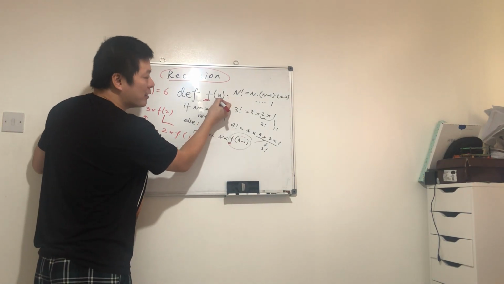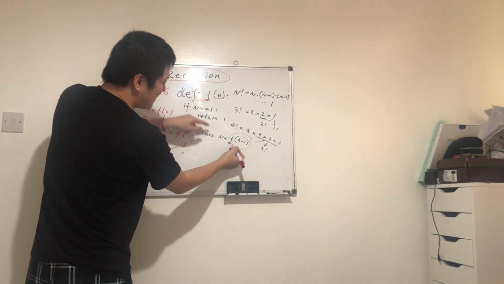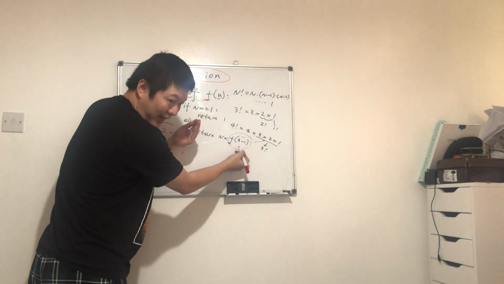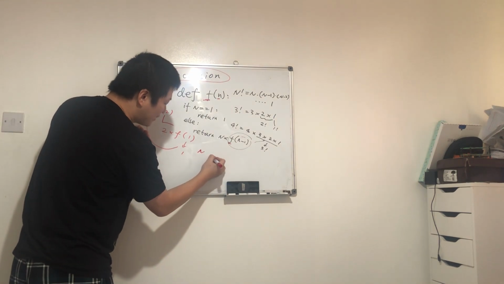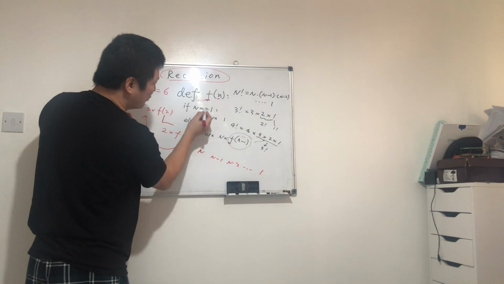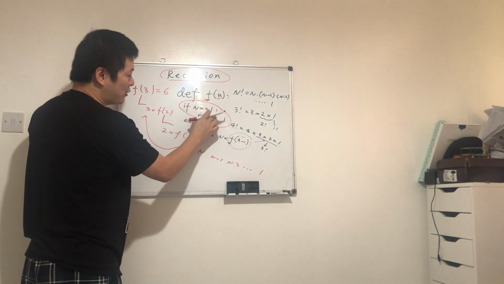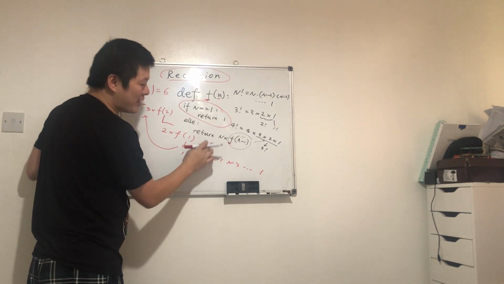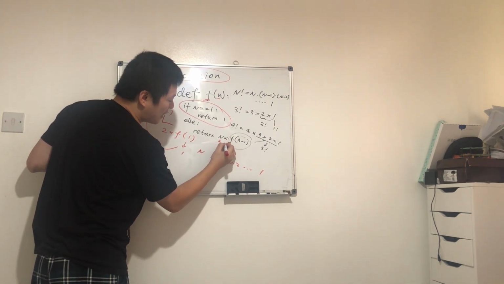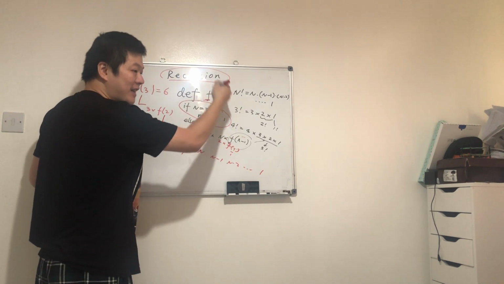Because we are solving the problem with n, and then we're recursively calling itself with n minus 1. So n minus 1, n minus 2, until we reach n equals 1, which we know how to solve. Because when n is 1, we return 1. And when n is 2, it will return 2 times f1, which is 1. So we're calling itself.